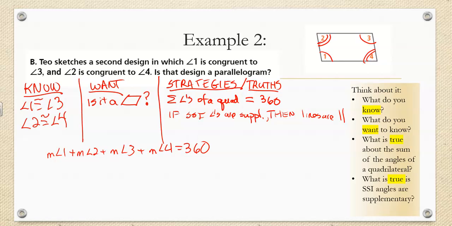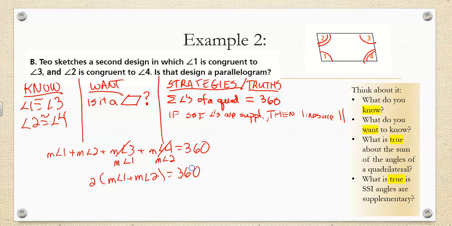Okay, now I know that 1 and 3 are the same. So I'm going to substitute and put measure of angle 1 here, and I know 2 and 4 are the same. So I'm going to put measure of angle 2 here. So now I've got 2 of these, the measure angle 1 plus the measure angle 2 equals 360.